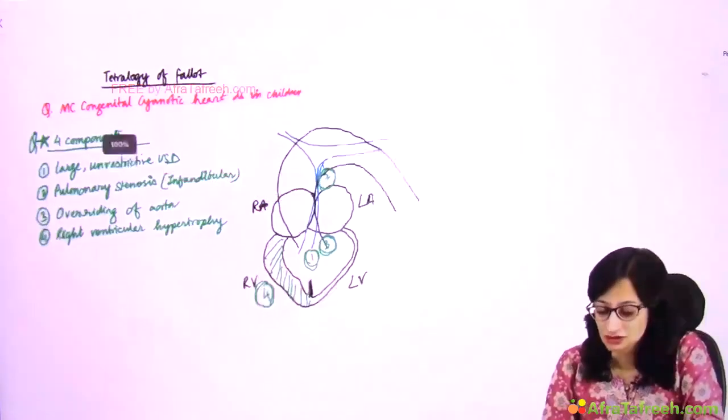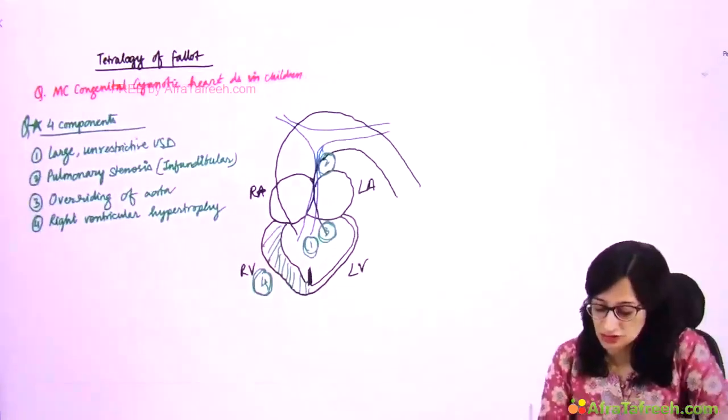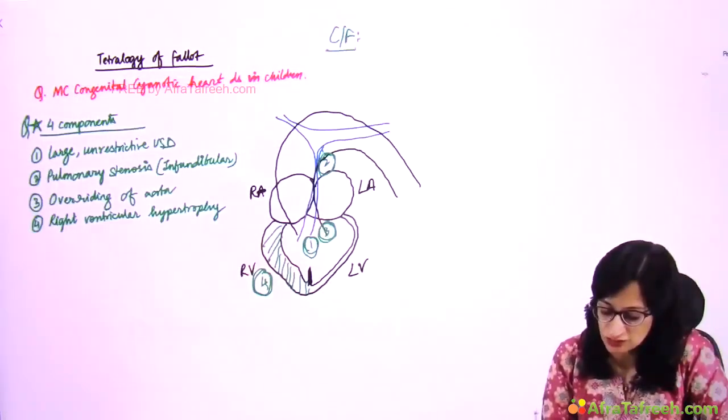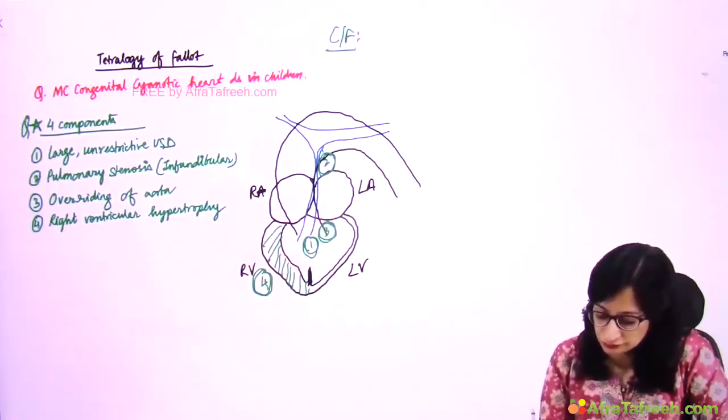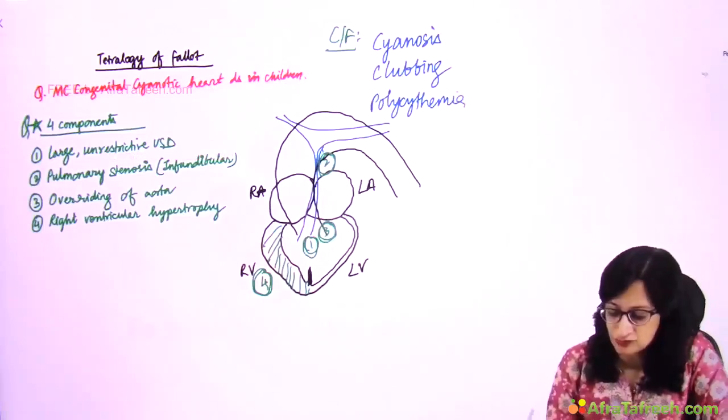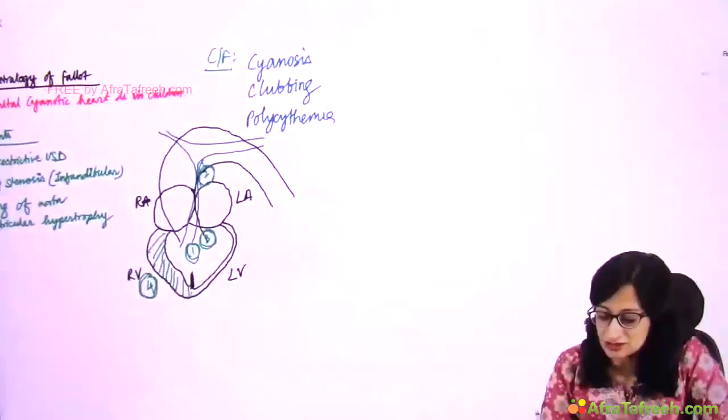Let us write down the clinical features of Tetralogy of Fallot. Clinically, how will the child present? It usually presents with cyanosis, clubbing, polycythemia, and there is something known as cyanotic spells.